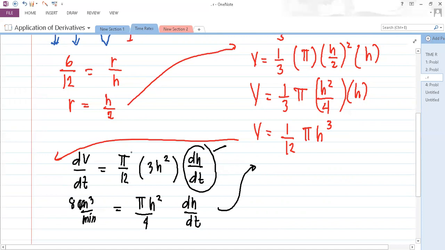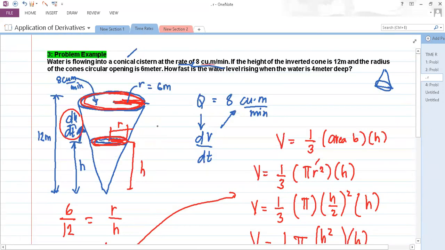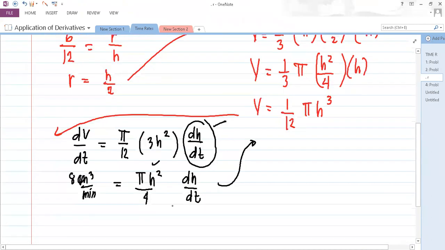What is our h? To solve for dh over dt, we first need the value of h. If we look at our problem, how fast is the water level rising when the water is 4 meters deep? So our h here is 4 meters.